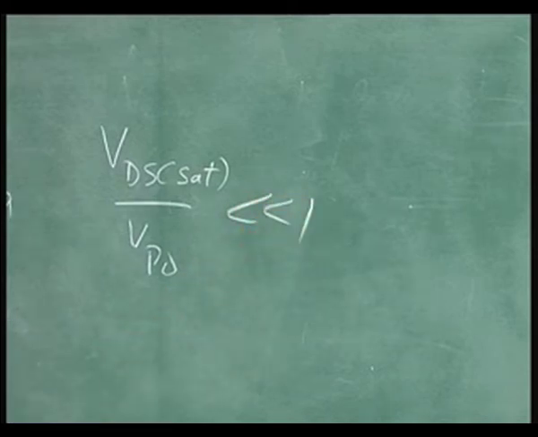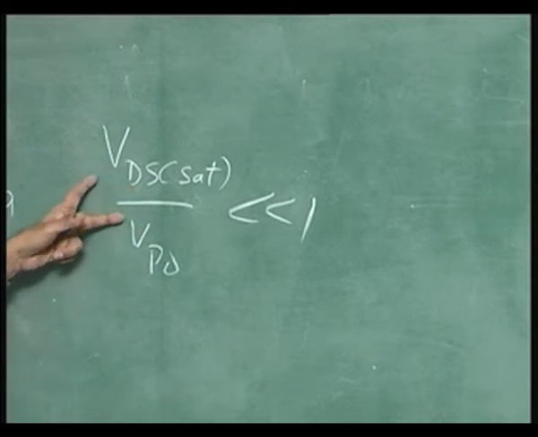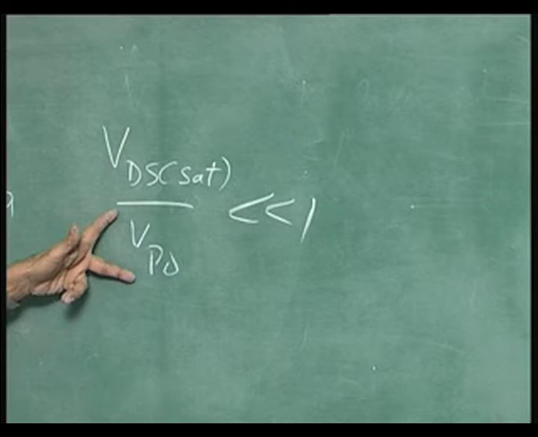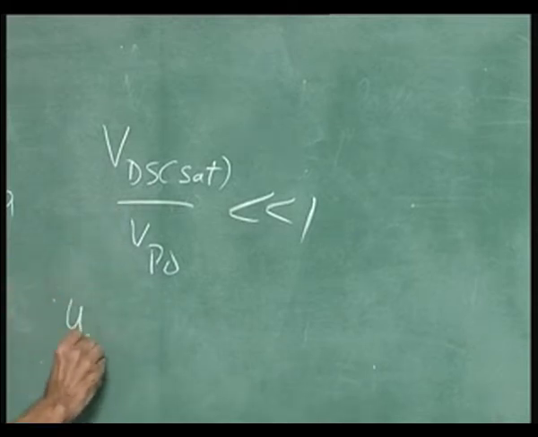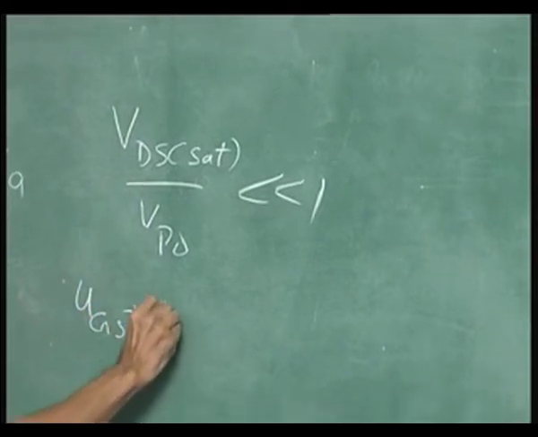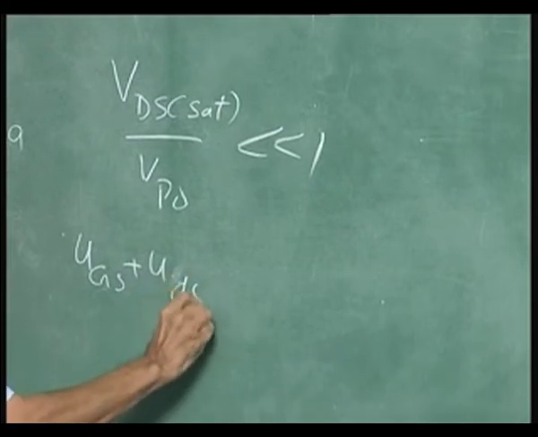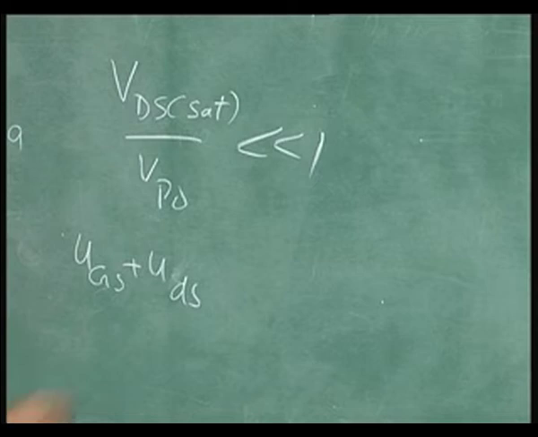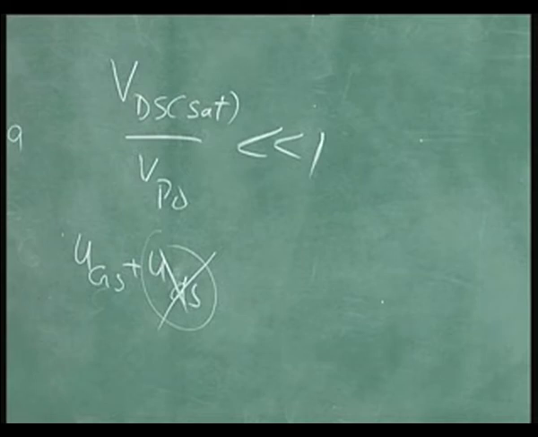That is the one, because we are replacing V D sat by almost equal to L into E of s. So this is less than 1. Now, when you say U G S plus U D sat, U D S, this term is that quantity, and this quantity is very much less than 1. I am knocking it out, because it is very small compared to 1.